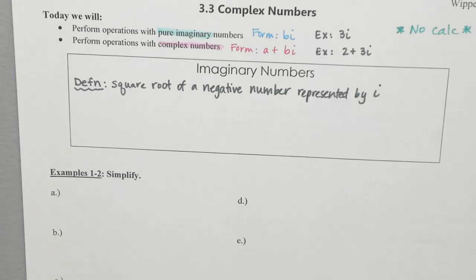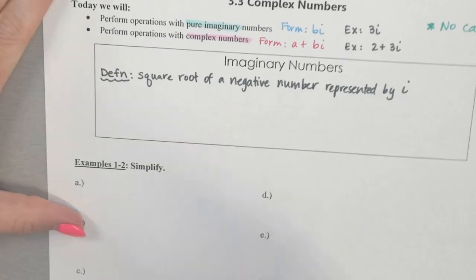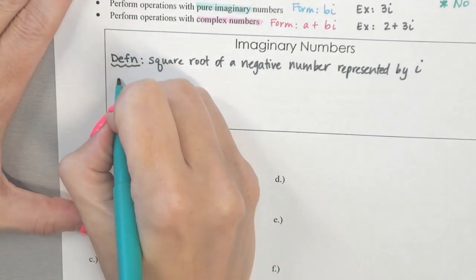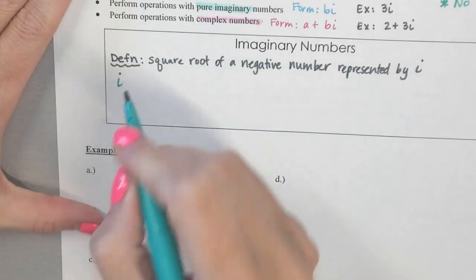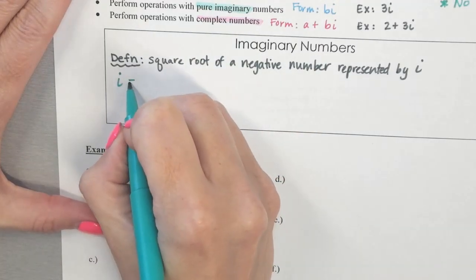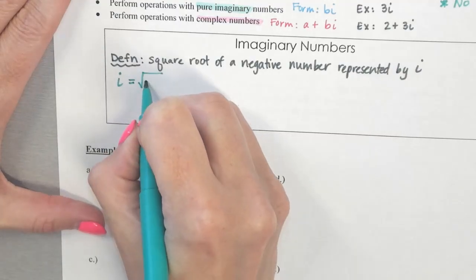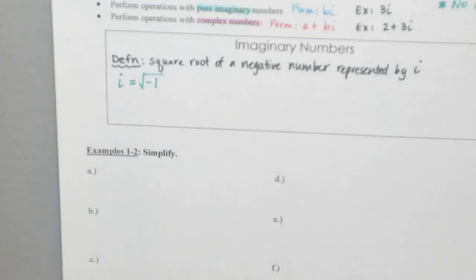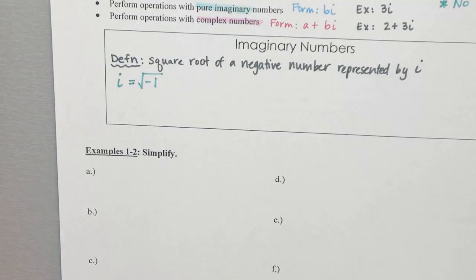Whenever you do the variables, it is the italic version, and that's how you'll see it in the book as well. So the imaginary i is equal to the square root of negative 1. Okay, so i is equivalent to the square root of negative 1.